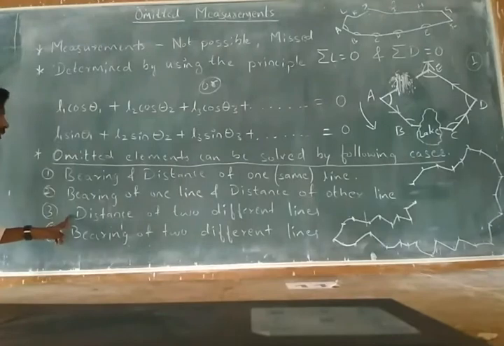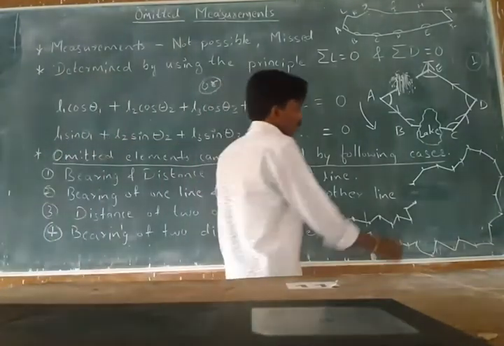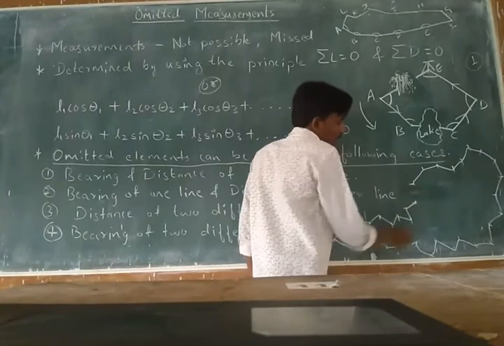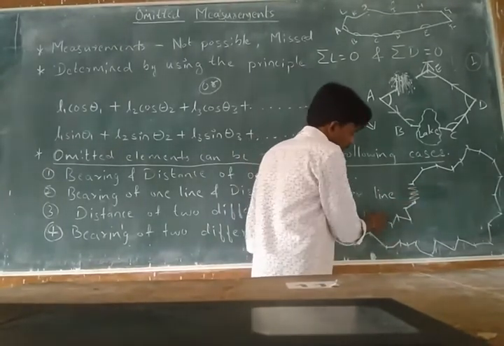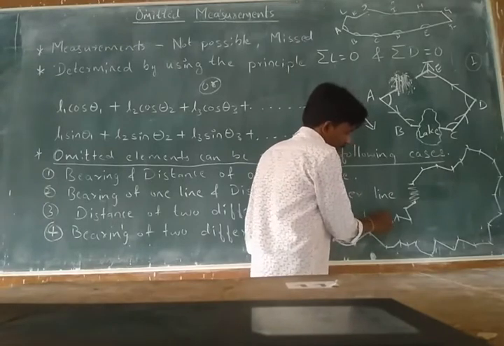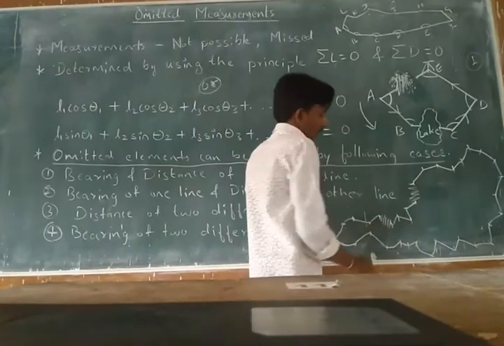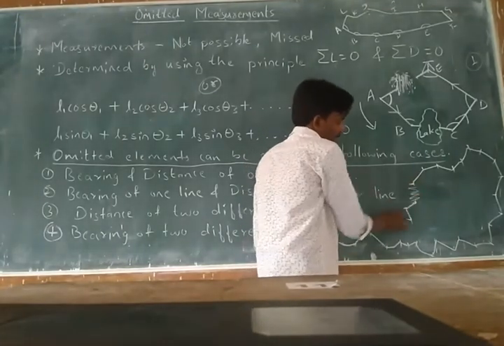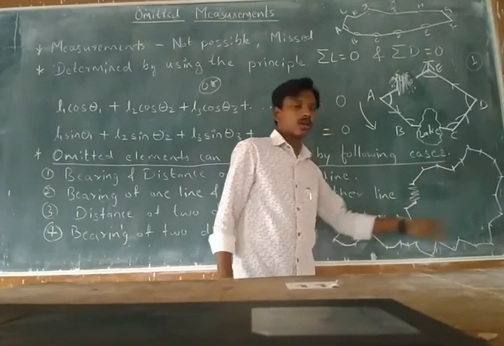Next, the third one: distance of two different lines. Here you forgot to measure this distance and also you forgot to measure this distance. These are the two different traverse sides on the single closed traverse.